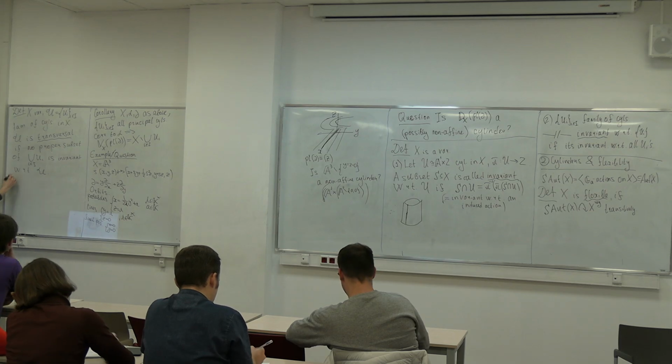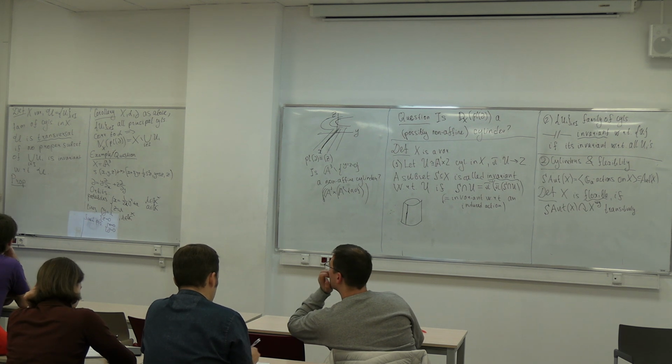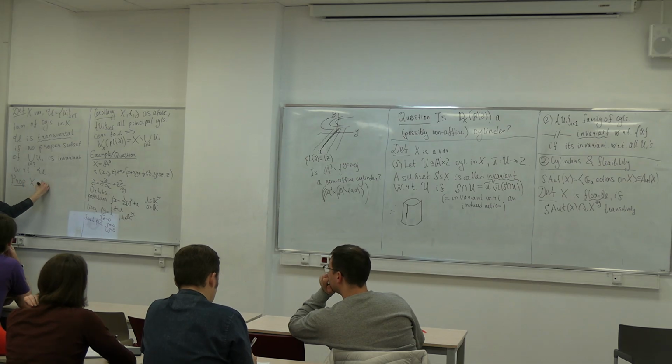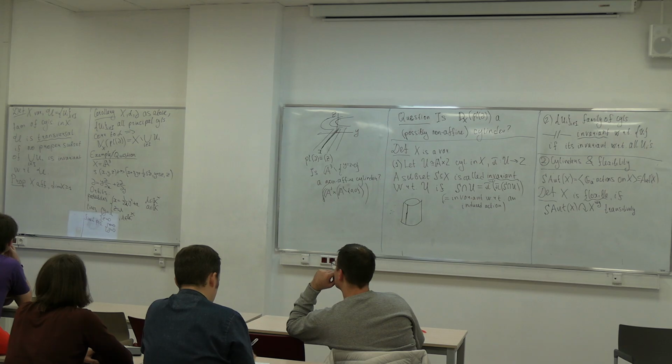And immediately I can formulate a geometric criterion of flexibility. So X affine, its dimension is at least 1, just a technicality because there are no cylinders inside a point.